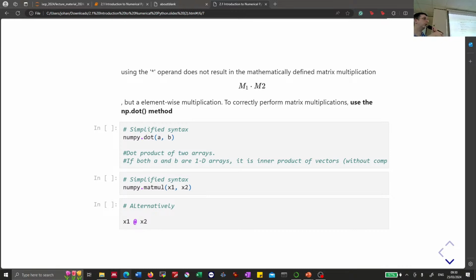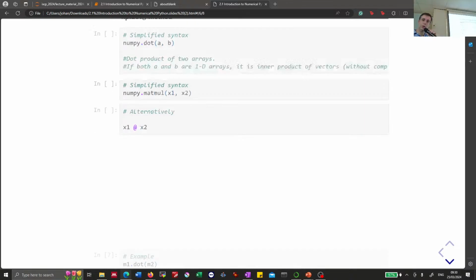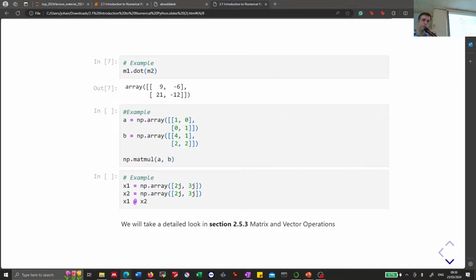And the alternative that works since, I think, a few years, is actually the at symbol. That means proper matrix multiplication. There's one more way to do it, and this is actually defining some matrix objects directly and using multiplication.